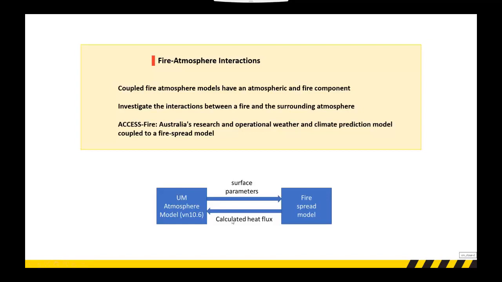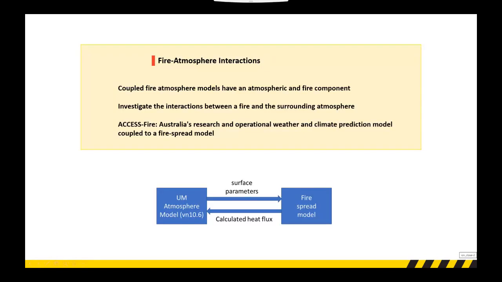It calculates a heat flux from the amount of fuel that's been burnt in that time step, and passes that heat flux back to the atmospheric model. Once that heat flux goes into the atmospheric model, it changes the surrounding atmosphere, particularly the wind fields, and that's how you get the coupling process that steps forward in time. I won't go into the details of the model structure now, but if you'd like to know more, there's plenty of information available.